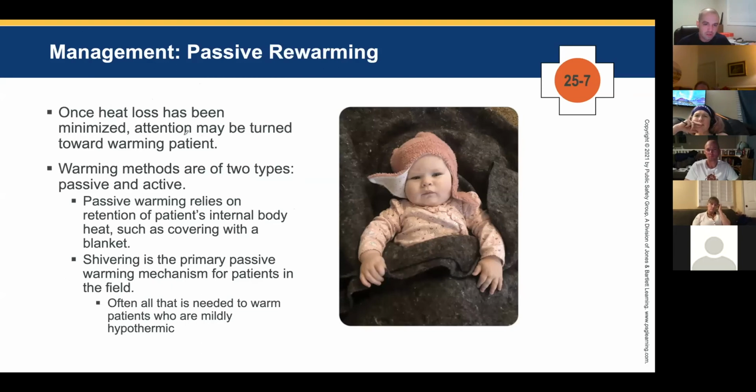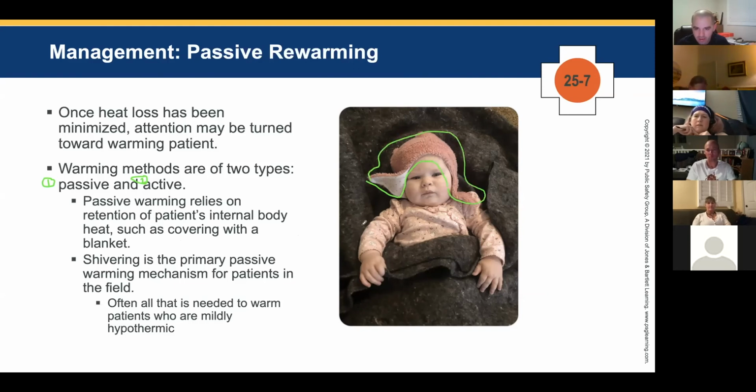So once we lose heat, we can start to rewarm, and rewarming can be done either passively or actively. When we talk about passive rewarming, that's basically trying to keep the patient's internal body heat and covering the individual with a blanket, putting a hat on them. Like this little baby here, we see that they have a hat, trying to keep the head from losing all that heat.